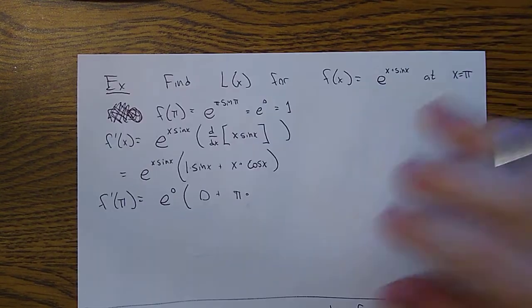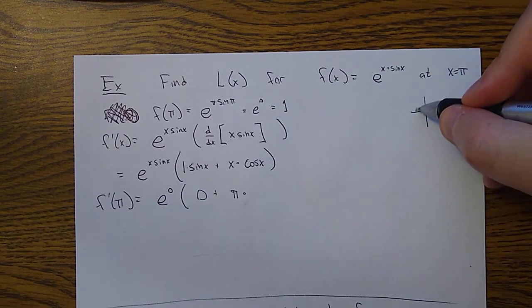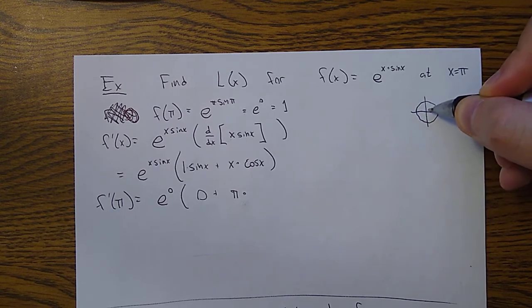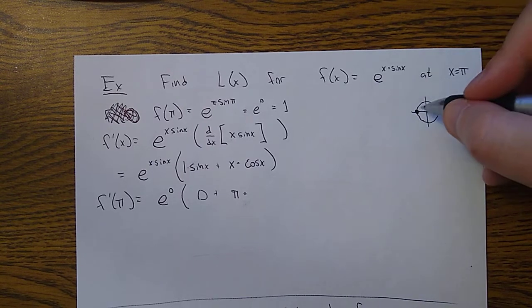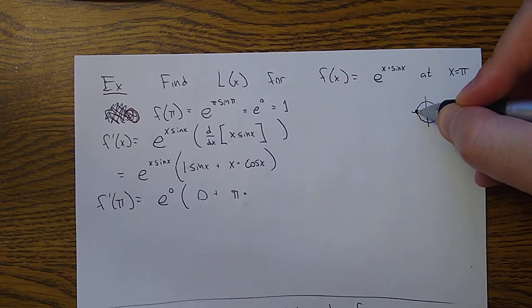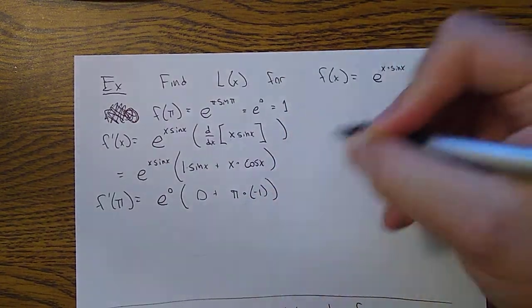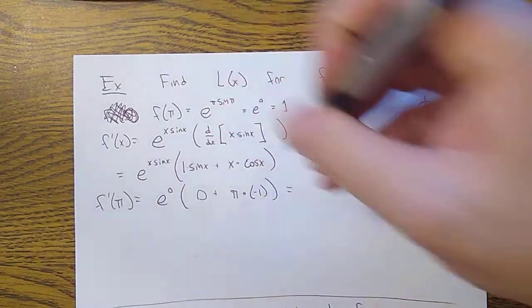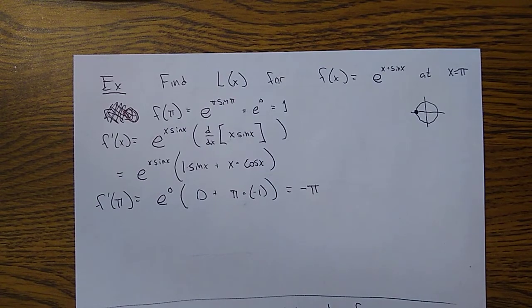Cosine of pi is negative 1, because pi is the same as 180 degrees, so pi is pointing straight to the left. So I would be looking at this point. The cosine is the x-coordinate, and the x-coordinate of this is negative 1. So this is 1 times negative pi, so I get negative pi. Okay, so then we're good.